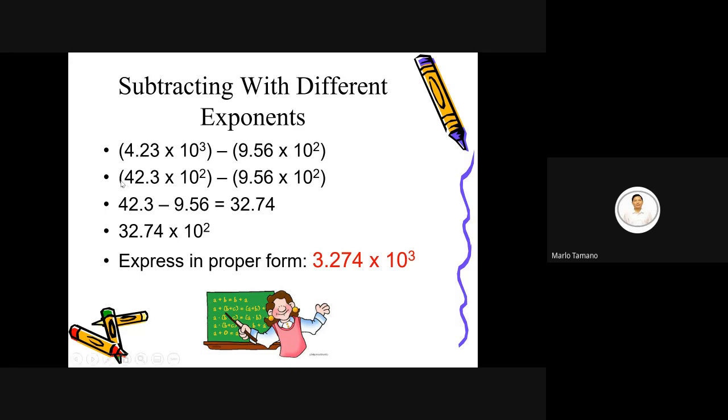If you move the decimal point from left to right, that is a negative exponent, right? Yes. So if we move the decimal between 4 and 2 going to the right, that is plus negative 1. So 3 plus negative 1. So 42.3 times 10 to the second power.